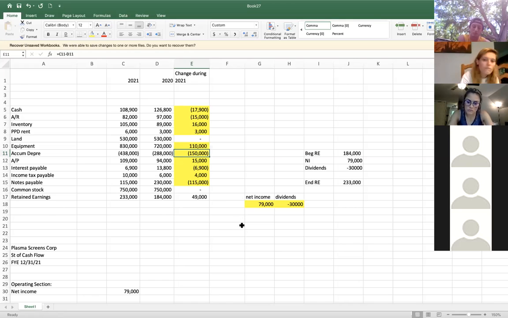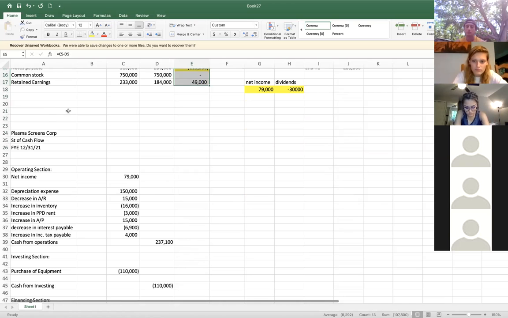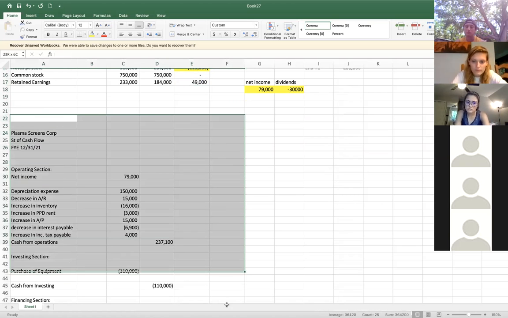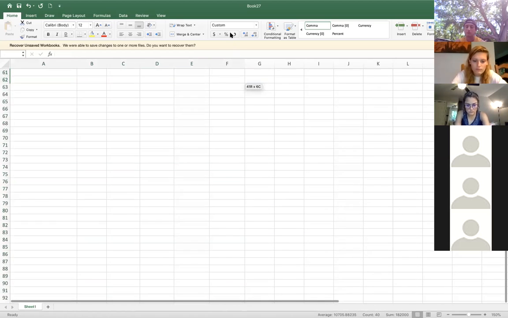Okay. If you systematically go through accounting for the change in every single balance sheet account and putting the change somewhere on this statement of cash flows, your statement of cash flows will balance.